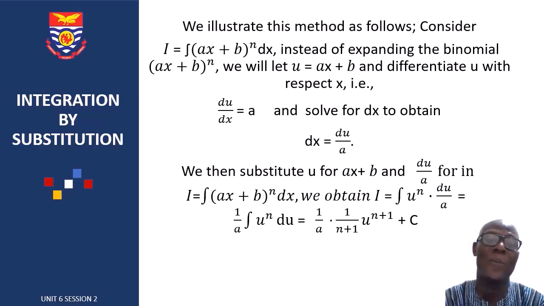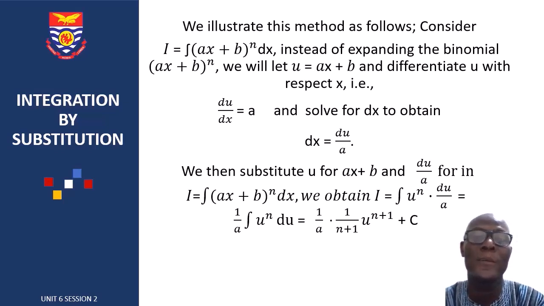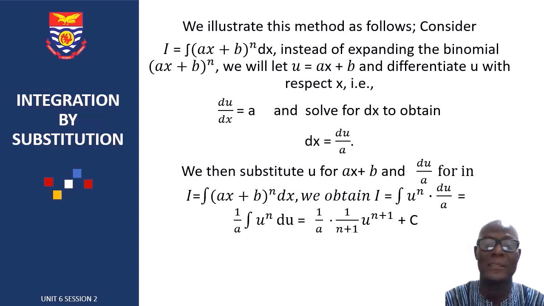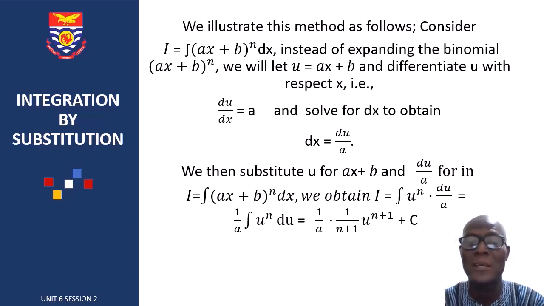Since our binomial is u, then the integral of (ax + b)^n dx becomes the integral of u^n times du over a, which gives 1 over a, which is a constant, out, times the integral of u^n du.